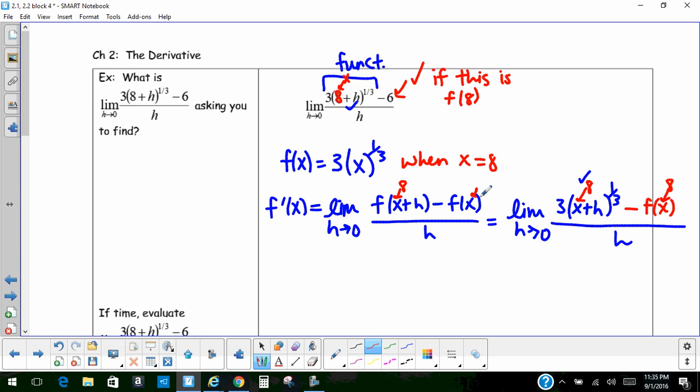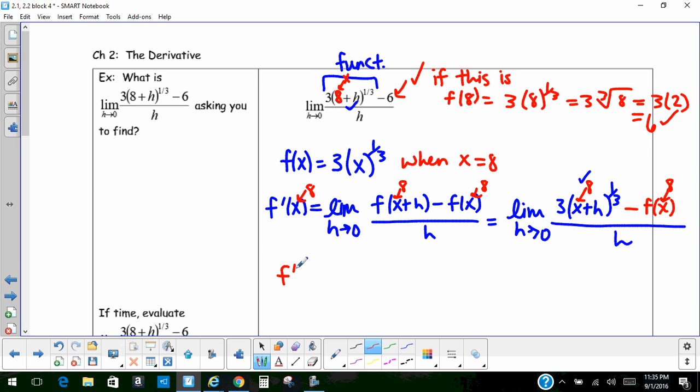Hopefully that's going to work out. Okay, well, so if I go back up and I check, what is 3 times 8 to the 1/3? Well, the 1/3 power is the cube root, so 3 times the cube root of 8. And the cube root of 8 is 2. 3 times 2 is 6. Yes, that worked.